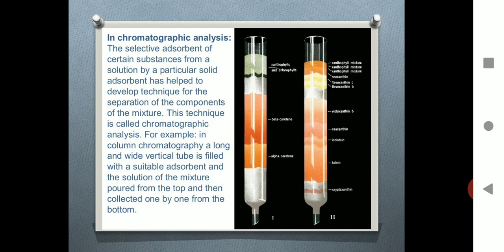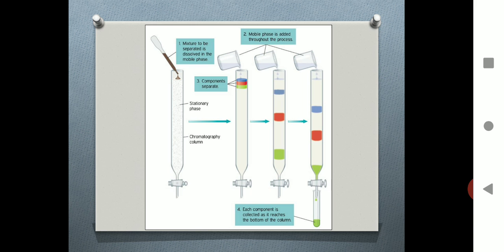Then in chromatographic analysis, we separate a mixture of components as well as purify the various components by using the adsorption phenomena. Here a chromatographic column is taken over which a mixture of the components dissolved in a suitable solvent is poured.